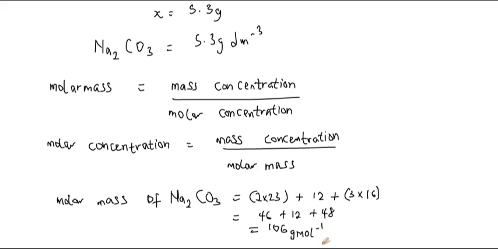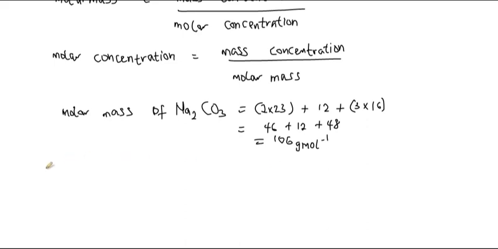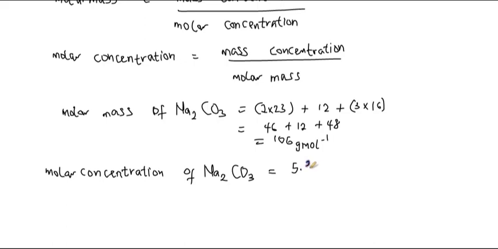We can proceed from here and say the molar concentration of sodium carbonate equals the mass concentration, which is 5.3 grams per dm³, divided by the molar mass, 106 grams per mole.